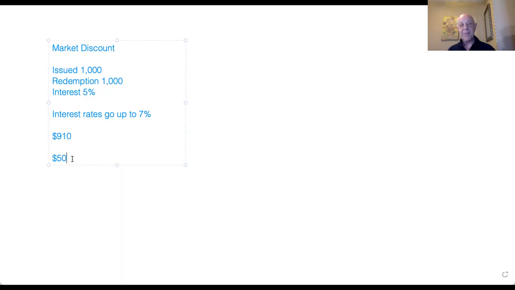So you're going to get $90 a year over the next 5 years, which is going to be, on a straight line basis, $18 per year. And so if you're getting $68 of interest a year, and you can see my numbers aren't exact, but if you're getting $68 of interest on an investment of $910, you're getting close to the 7%. So actually the bond would probably be trading closer to about 940 or something, but it's going to be trading for less than $1,000.